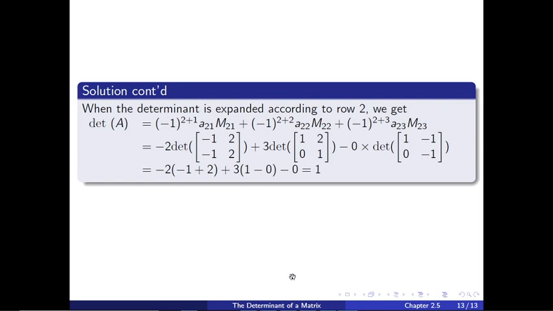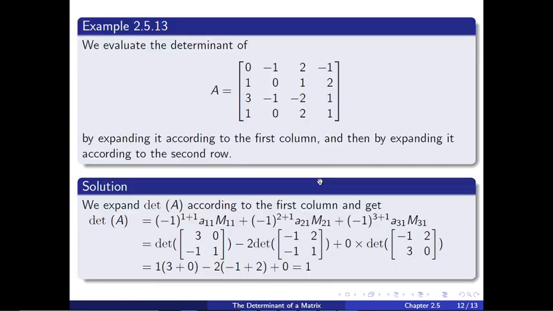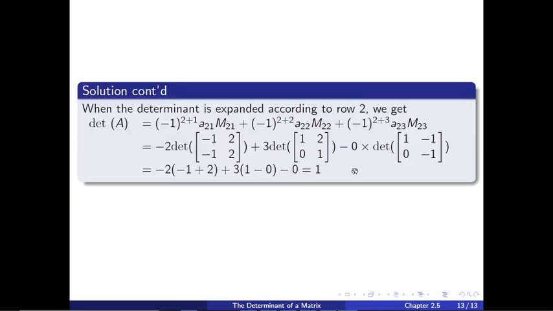And if we expand using row 2, so the 2 here is fixed, again it's just arithmetic. I think there are some steps left, you can do the calculations, and you find out that we still get the same value 1. There we got 1, and there we got 1. So really it's just an illustration that expanding according to whichever row or whichever column works. Thank you.